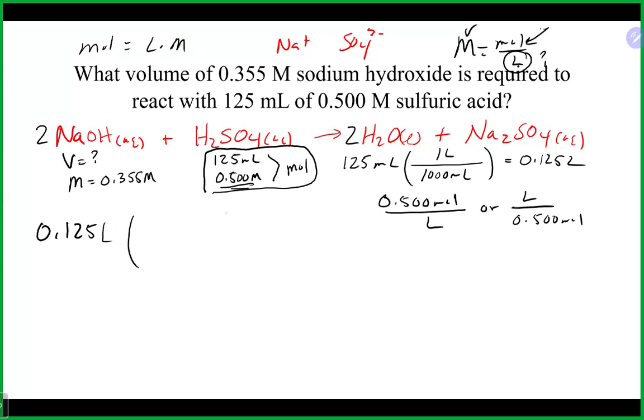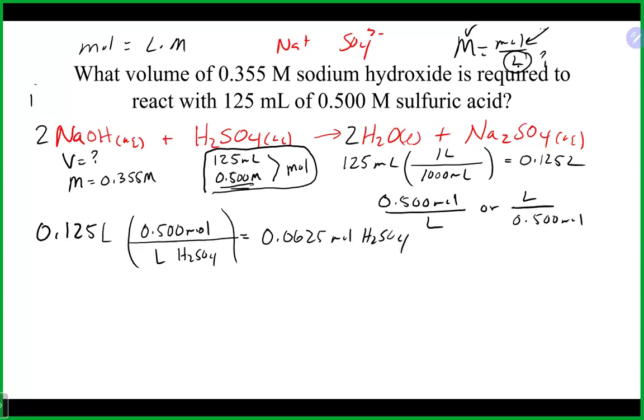And moles, again, is liters times molarity. So here we will not flip it, we'll keep the molarity exactly the way it is. Moles on top and liters on the bottom, of H2SO4. That's going to give us 0.125 times 0.5, 0.0625 moles of sulfuric acid.